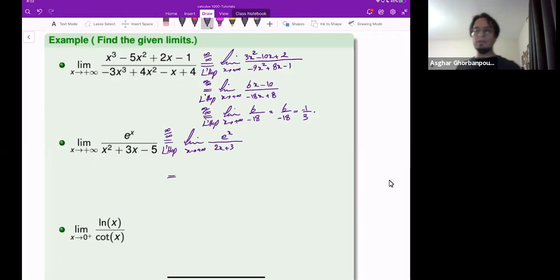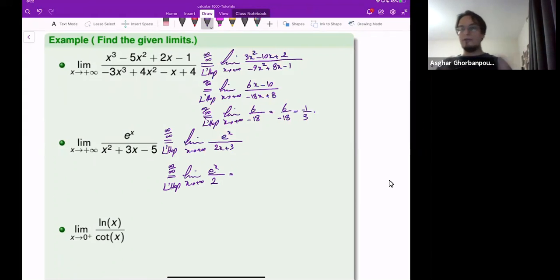And I'll get a new limit. Try to find that. Okay, again, it will give me infinity over infinity. L'Hopital's rule can be applied. This is e to the power x, the derivative of the numerator, and the derivative of the denominator is just 2, as x goes to plus infinity. As x goes to plus infinity, e to the power x, e to the power of a bigger and bigger number, will grow to infinity.